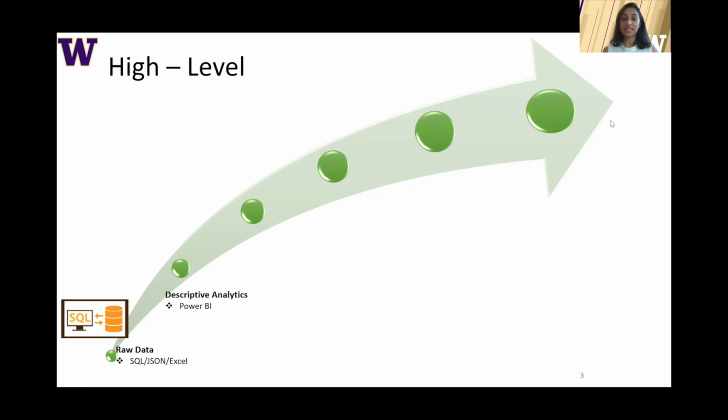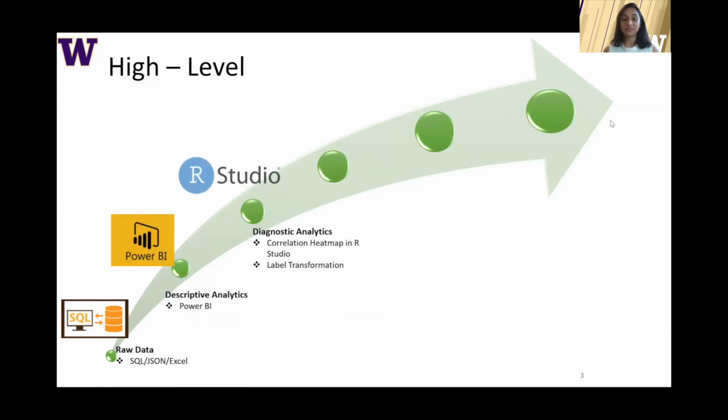The next phase, descriptive analytics, tells you what has happened in the past. We performed bivariate analysis on patient access days against patient demographics, major diagnostic categories, and diagnostic related groups using Power BI. Diagnostic analysis helps you understand why something has happened in the past. We determined the barrier-to-barrier correlation using RStudio.